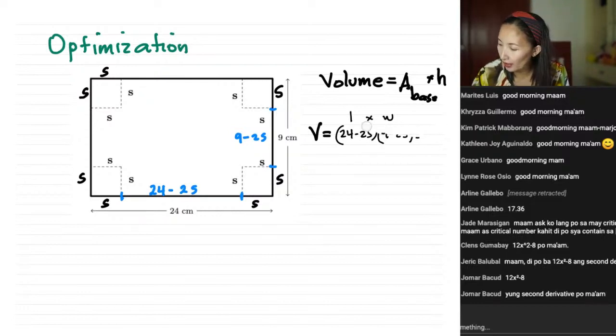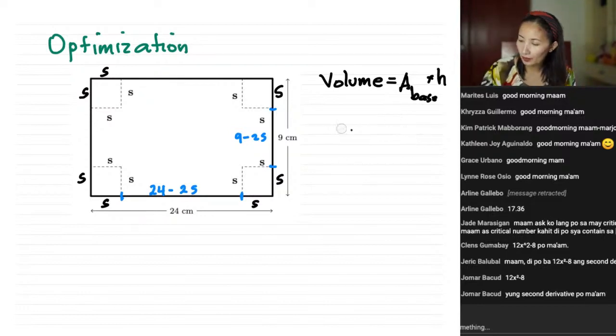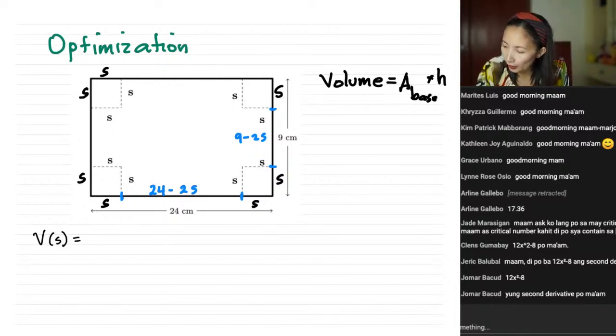The space is not enough, so maybe have it here. The volume V expressed in terms of S is equal to area of the base.